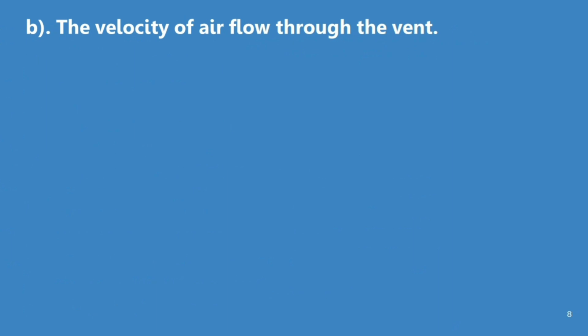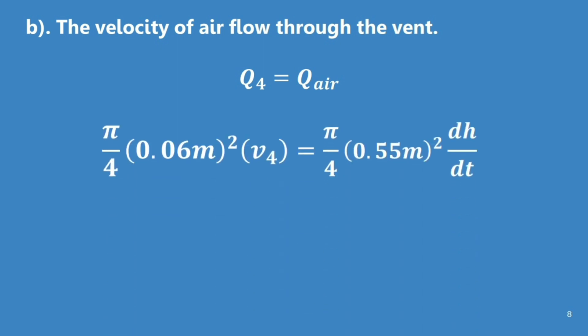Up next, let's move on to the velocity of airflow through the vent. Using the formula, the discharge at the fourth pipe is equivalent to the discharge of air. This is the pipe at the top of the tank where air goes out.